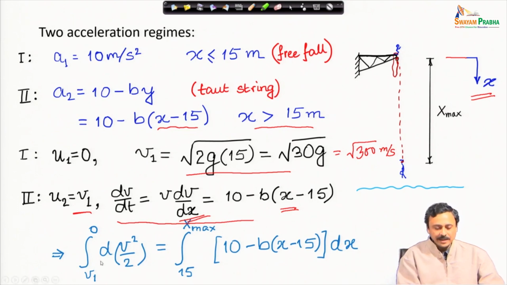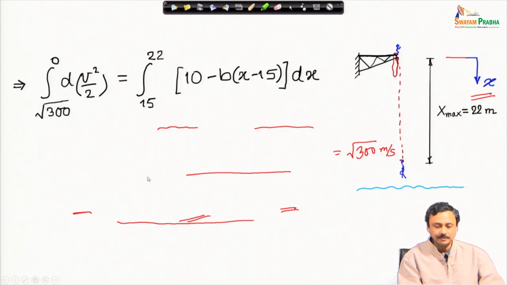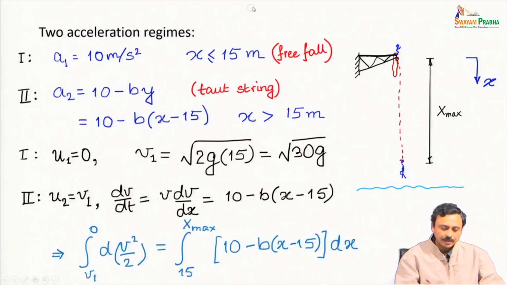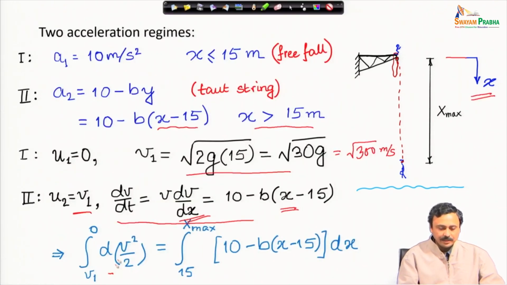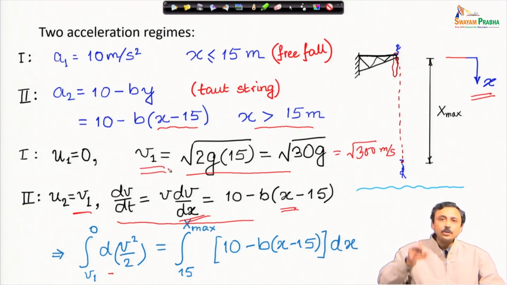So on the left hand side I have d of v square by 2 integrated from v1, which is the initial velocity at the start of the restrained jump. So v1 is this velocity, and the jumper goes up to 0 velocity.